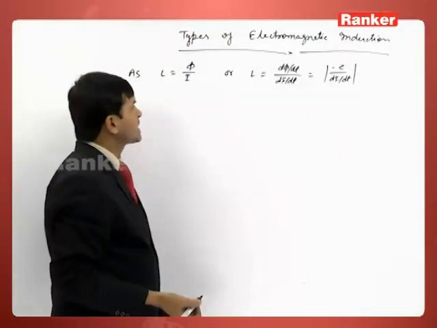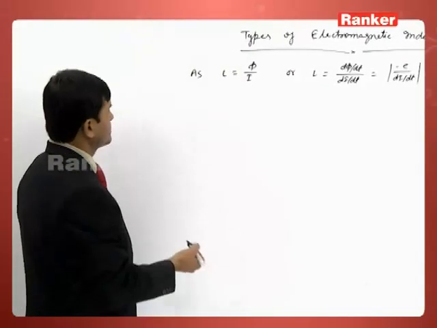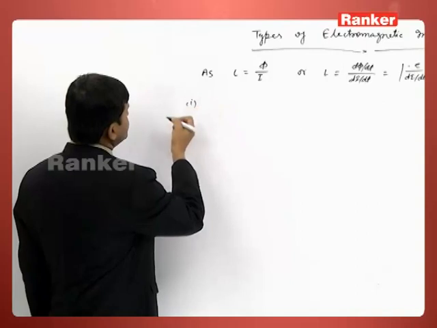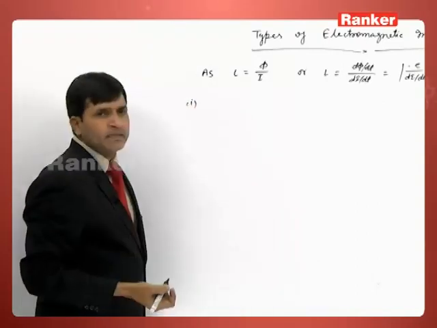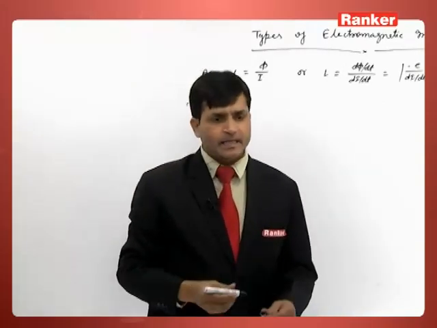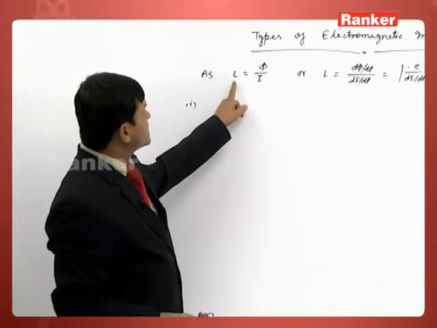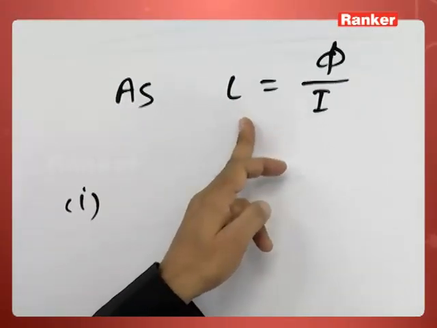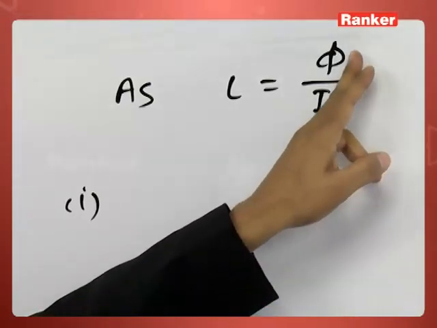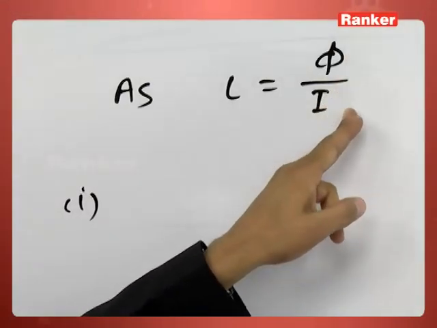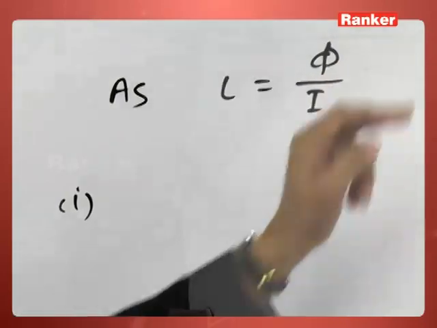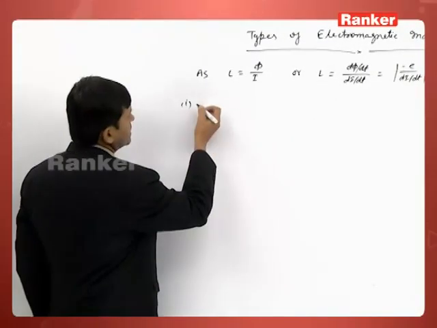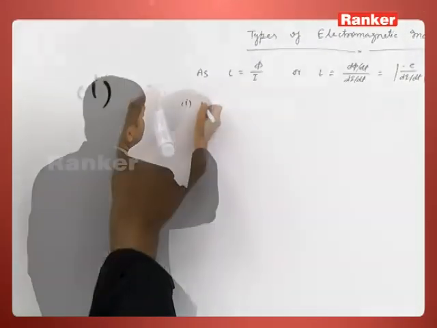So some points related to L we can write. The first point, L is the coefficient of self-inductance. Coefficient of self-inductance is a scalar physical quantity with SI unit Weber per ampere, or it can be written as Henry also.